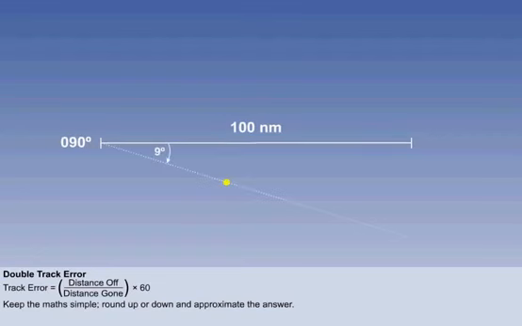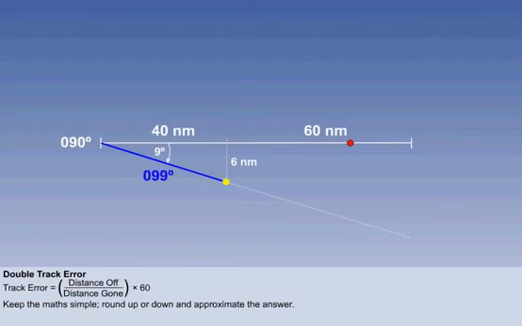We have deviated by 9 degrees, so our track made good is therefore 099. We need to turn to the left to stop the deviation from track. If we were to turn 9 degrees left, then we would fly a track that is parallel to our planned track. We would continue to remain 6 miles displaced to the right.